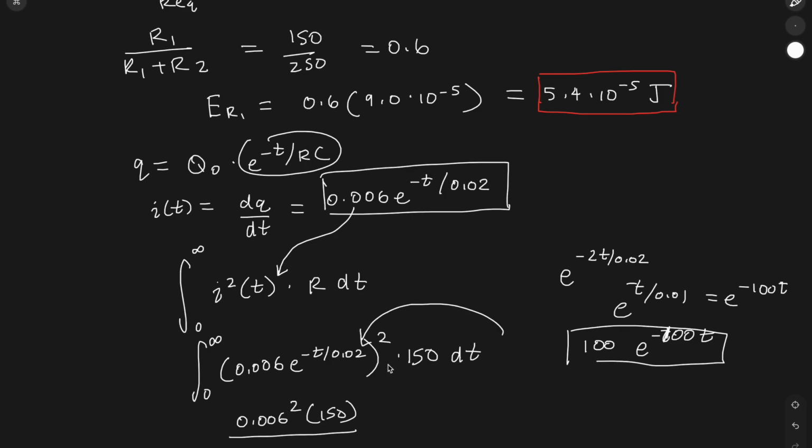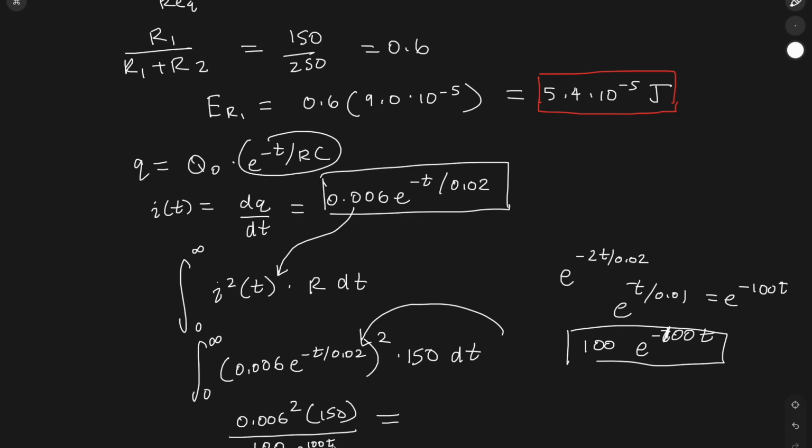Sorry if this is confusing. This is just me working through good old antiderivatives. So for the e portion of the integral, this should evaluate to 100 e to the negative 100t.